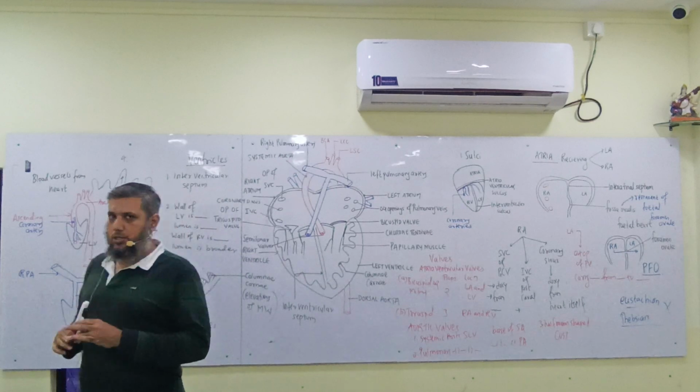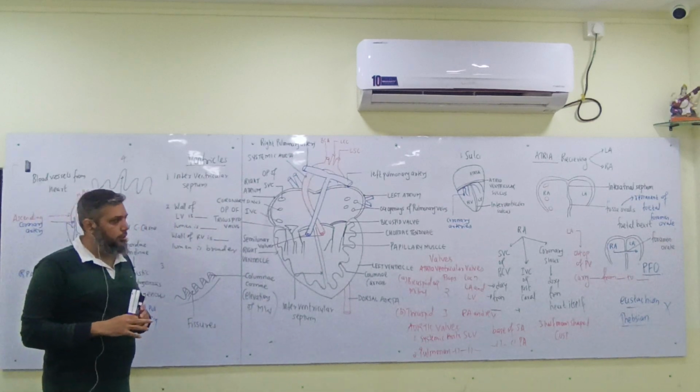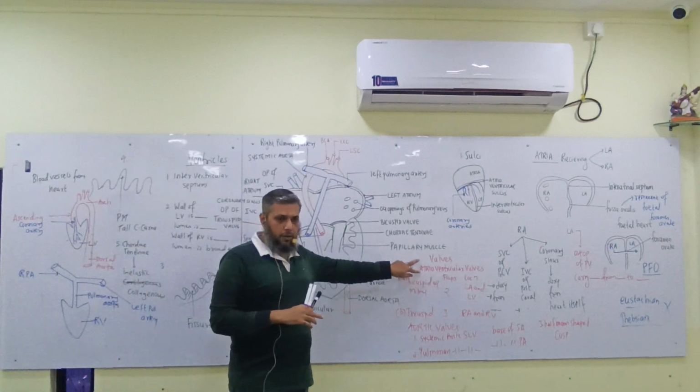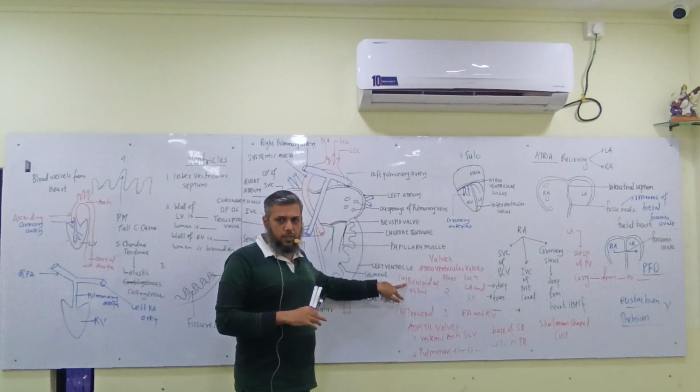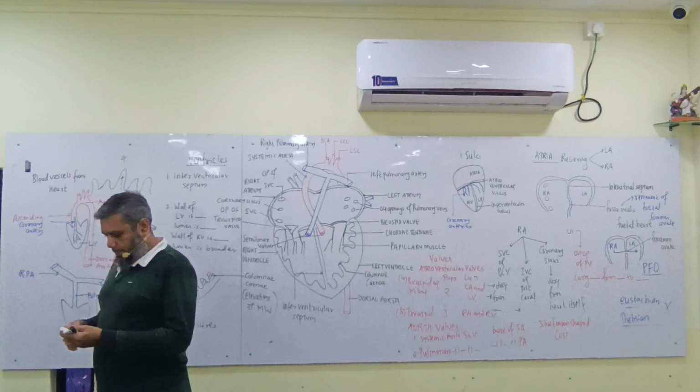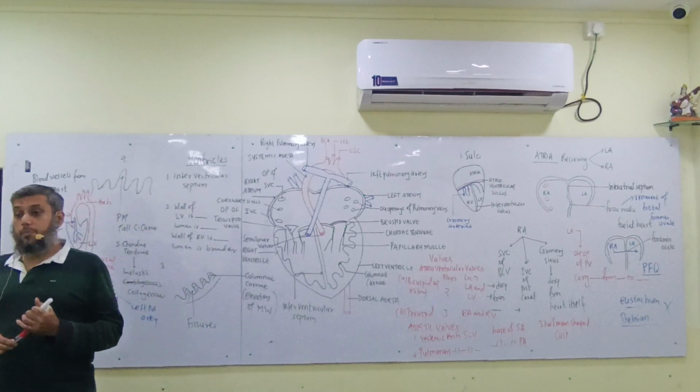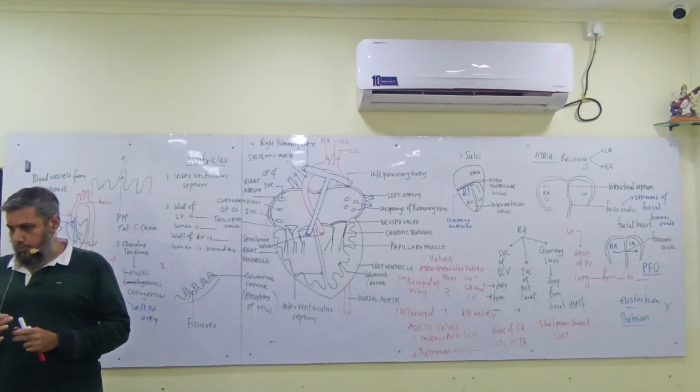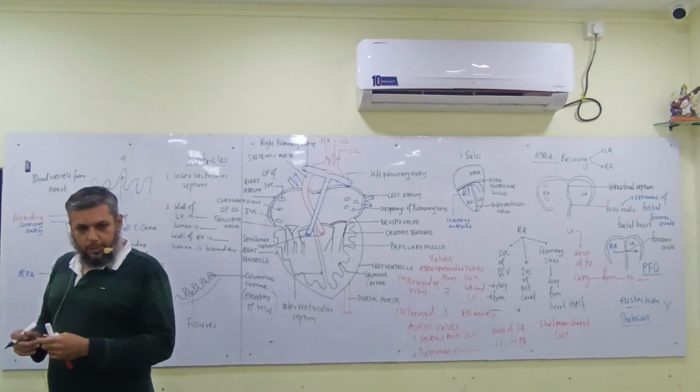Okay, but mainly as of now today you are supposed to remember the atrioventricular valves, जिसके दो टाइप्स है, bicuspid, tricuspid. Aortic valve जिसके दो टाइप्स है, systemic aorta and pulmonary aorta, semi-lunar valves.